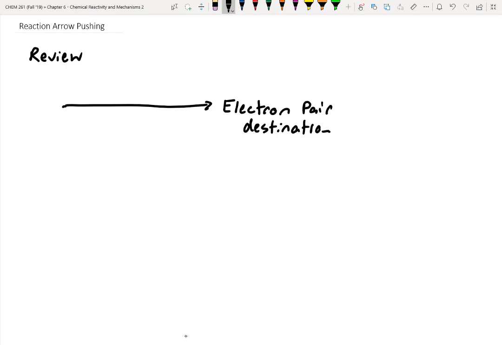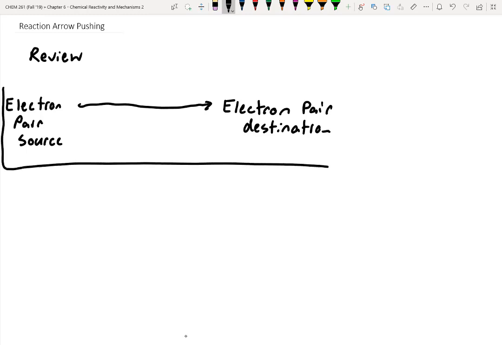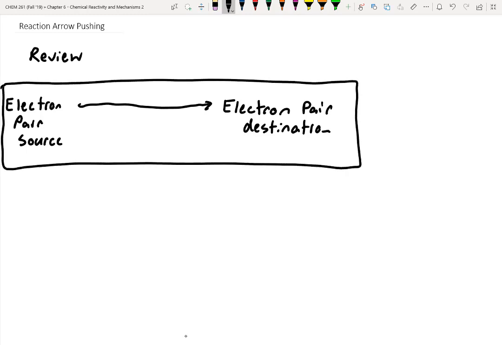And over here, we'd say this is our electron pair source. Does that make sense? The main thing to remember is that anytime we show reaction arrows, we're always showing movement of electrons, not movement of atoms.